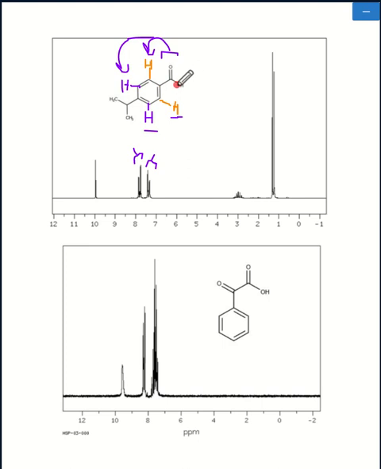And then an aldehyde hydrogen. Aldehydes, they love to show up around 10 parts per million. So the peak around 10 ppm, that is definitely for the aldehyde hydrogen.